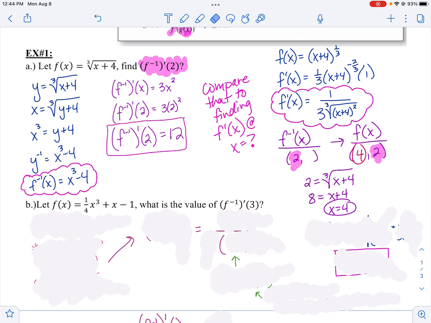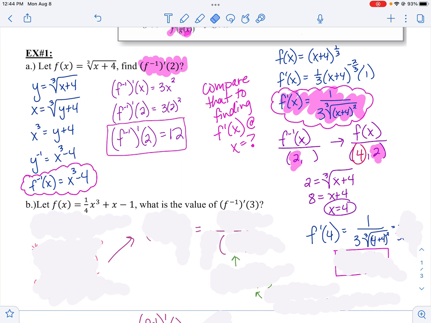Remember, my derivative was up here of f, and I can find the value of the derivative of f at 4, not at 2. His x value, remember, is 4 now. So the derivative of f at 4 is 1/3 times the cube root of 4 plus 4 squared.